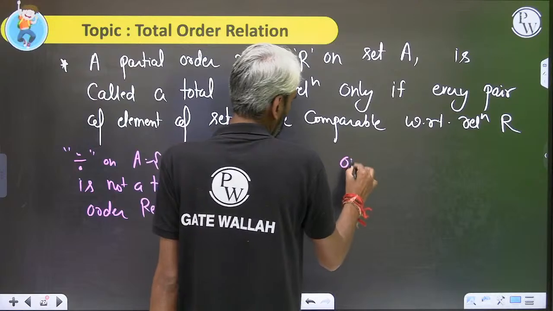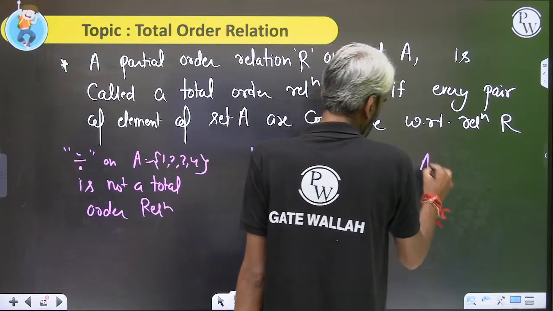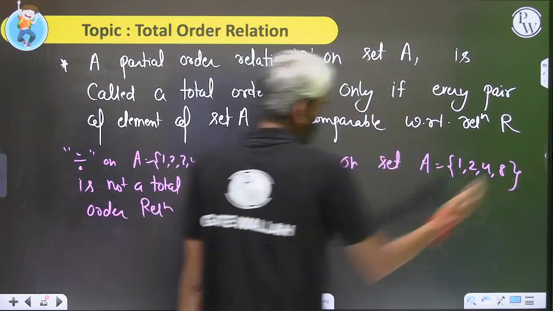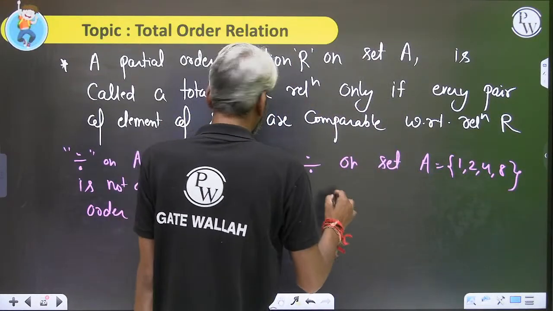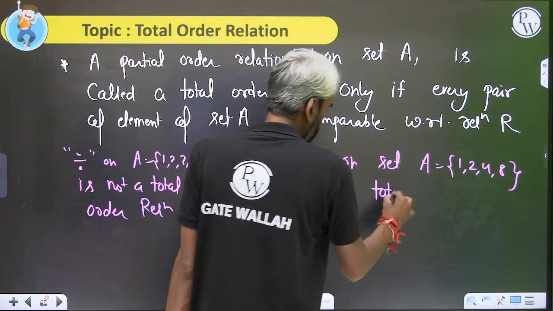Divide on set A equals {1, 2, 4, 8}: you understand, every pair of elements is comparable, so it is a total order relation.